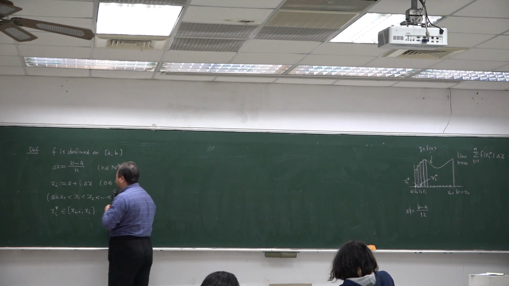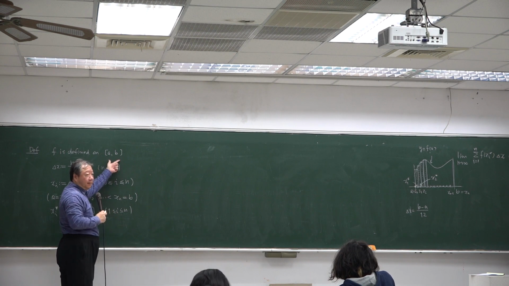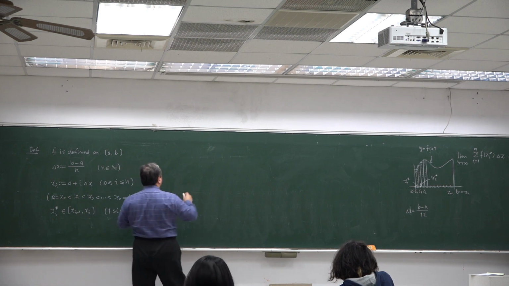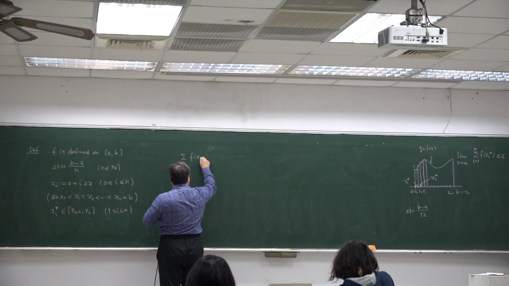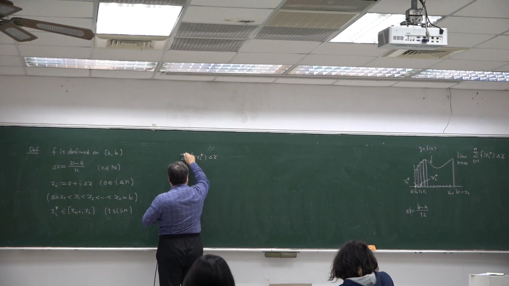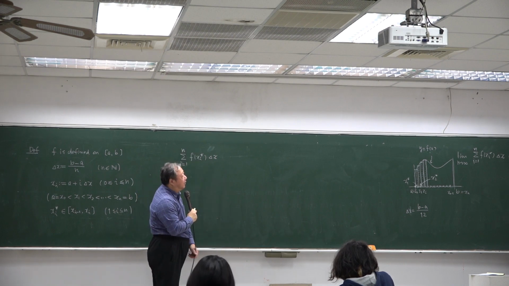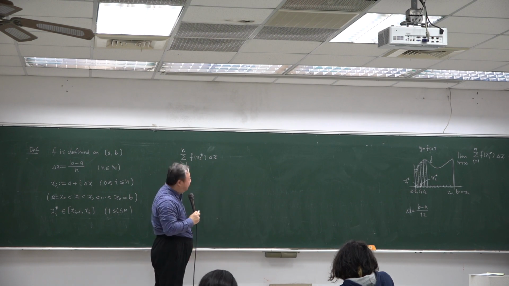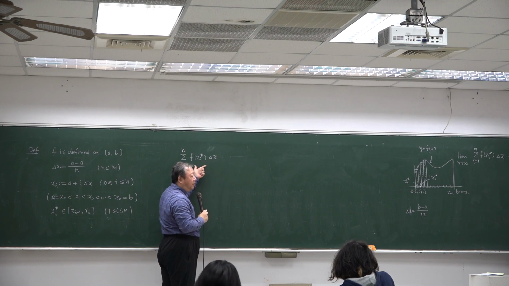Okay, so this part is about this interval. 这一部分跟区间有关。Then we form this finite sum, sigma i equals 1 to n, to compute that finite sum. So if this is velocity and this is time, then this will be a displacement.